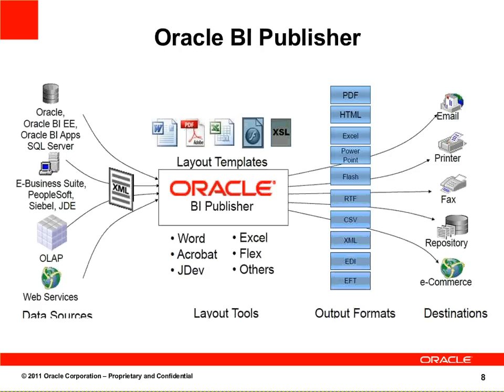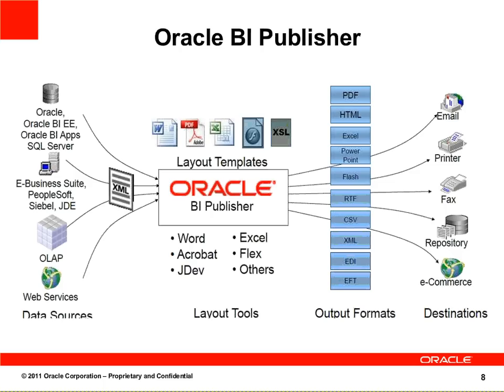All of that goes in here, and then you have different tools available like Microsoft Word. You can also design a template in Adobe Acrobat or in Excel. For Siebel, we only use the Word template. We only use the MS Word application. We don't use any other layout tools.